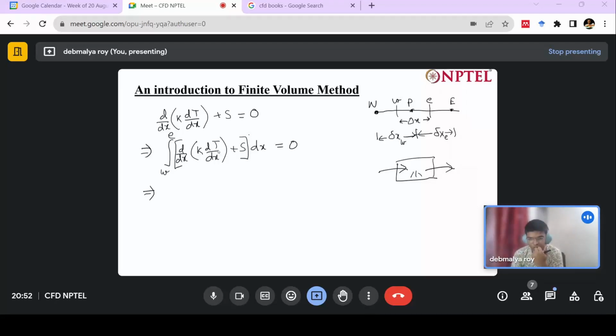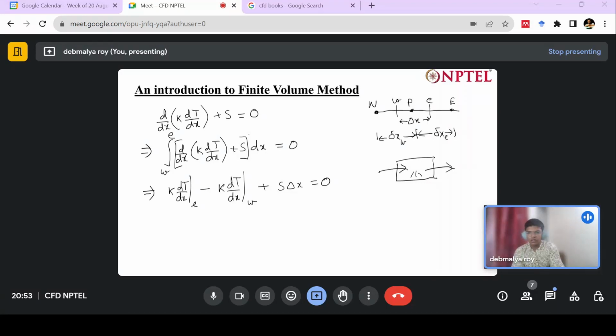So we get k dT/dx at E minus k dT/dx at W, right? Plus, if S is constant, we can simply take this out, and the integration of dx will be S delta x. This is equal to 0. So this is our equation. Very straightforward.